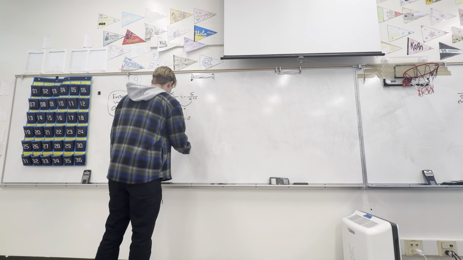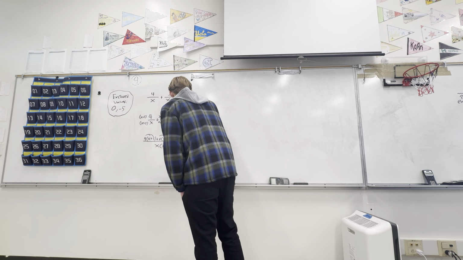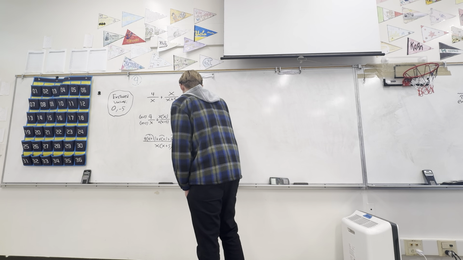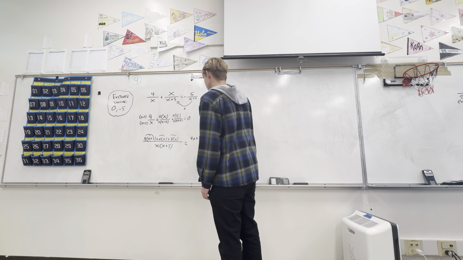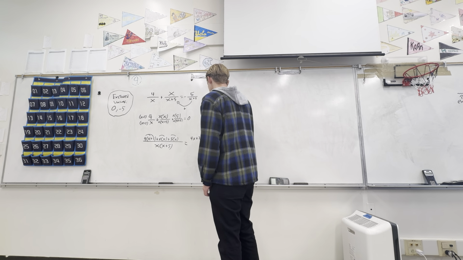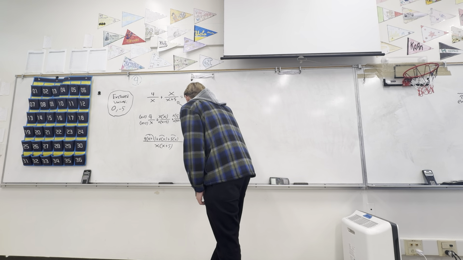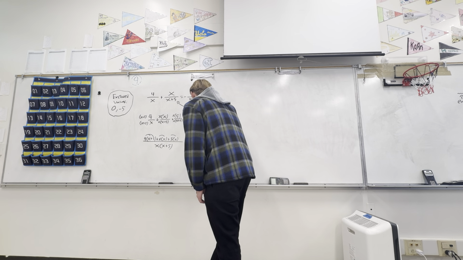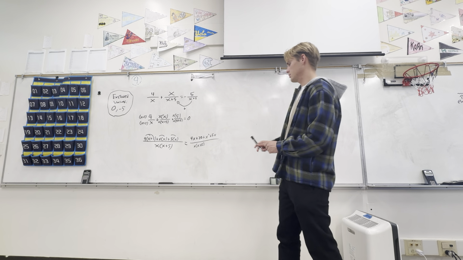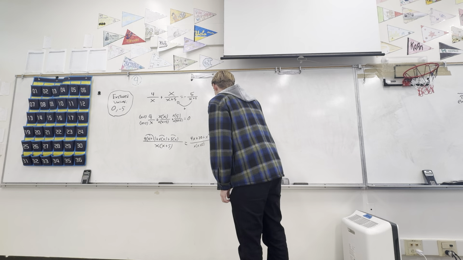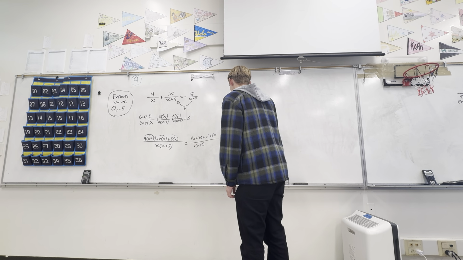When we do this, we're left with 4x plus 20 plus x times x is x squared, so plus x squared plus 5x. We can reorganize these. We're just left with x squared plus 9x plus 20.